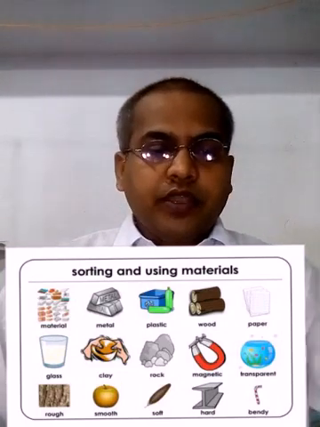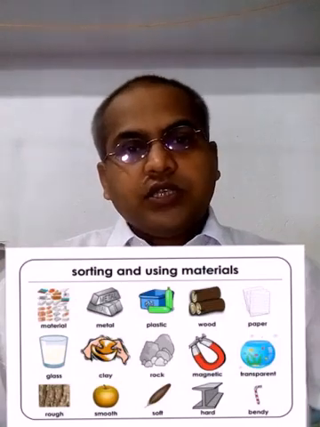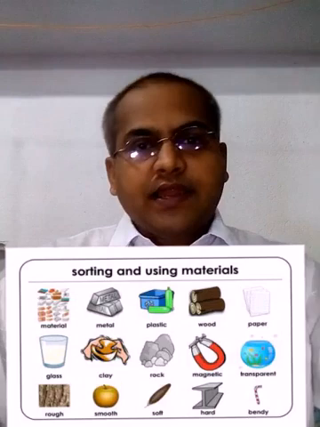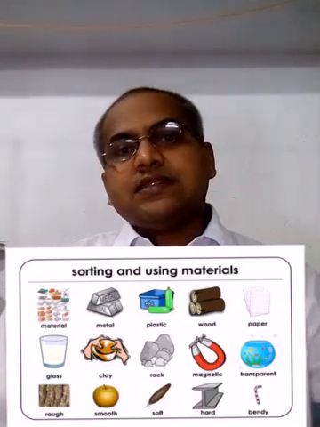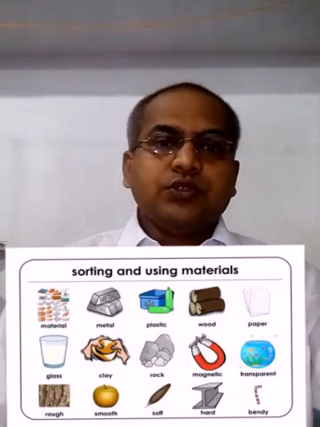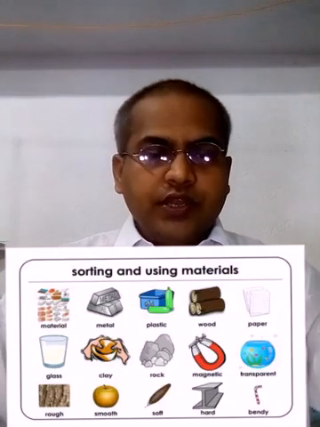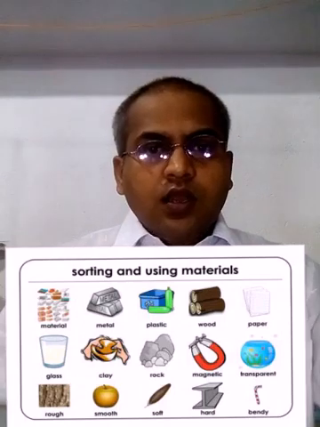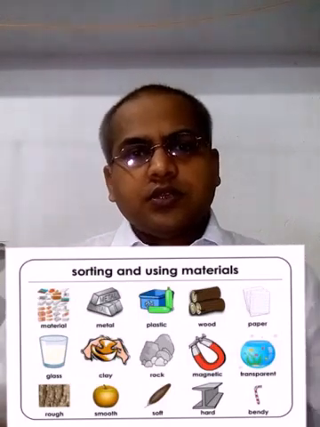Now the next characteristic we will discuss is hardness. But before that, we'll perform an activity: we gather some objects and try to cut or scratch them with something like a key.